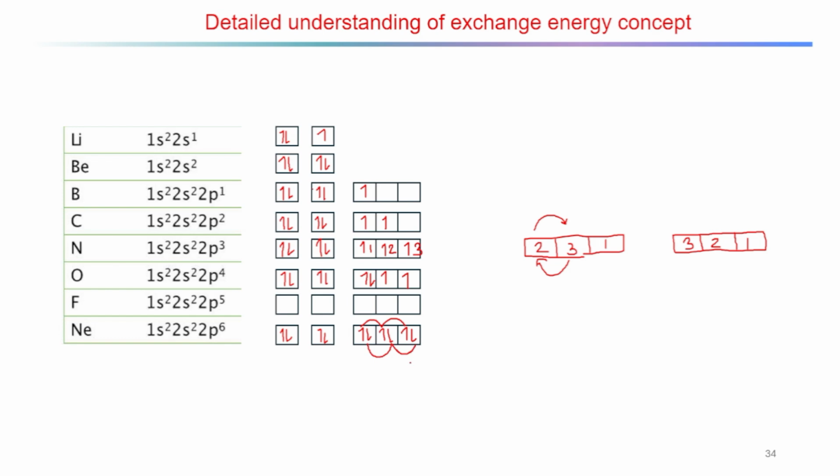So this full filled configuration is actually having 2 times of exchange energy compared to this nitrogen, right? But there is another thing that we have to consider, which is the pairing energy. So as the electrons are paired here, we have to subtract some term which is called pairing energy.